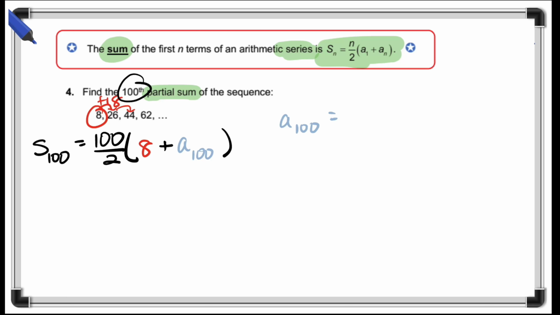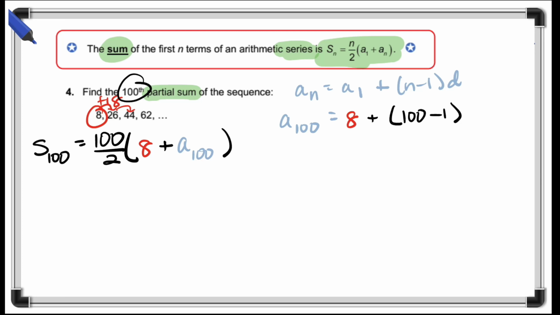So again, in order to find a term, that was a sub n, and then a sub 1, and then you got n minus 1 and the d. So we're trying to figure out a sub 100. You know your first term, that was the 8, and then you are adding. You are trying to find the n term, which is the 100th term, minus 1.